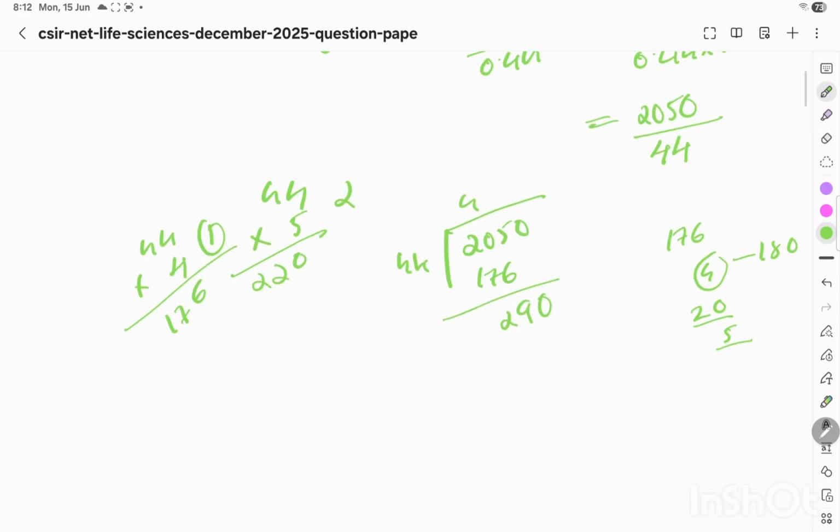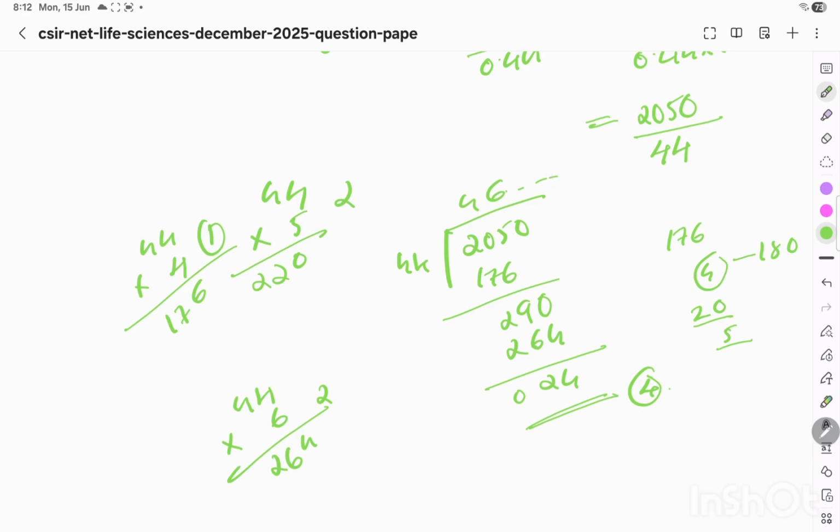Then 44 into 6, so 4 into 6 is 24. So we get 24. We can stop here, something point something we get.